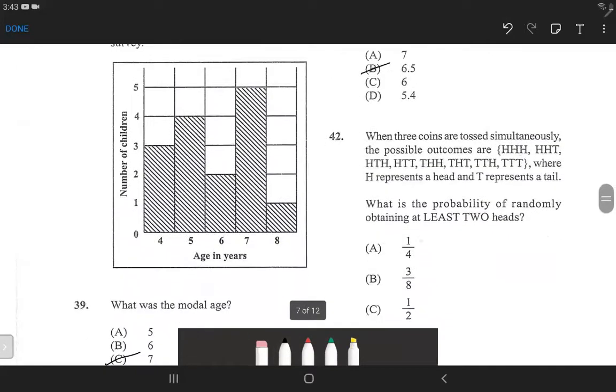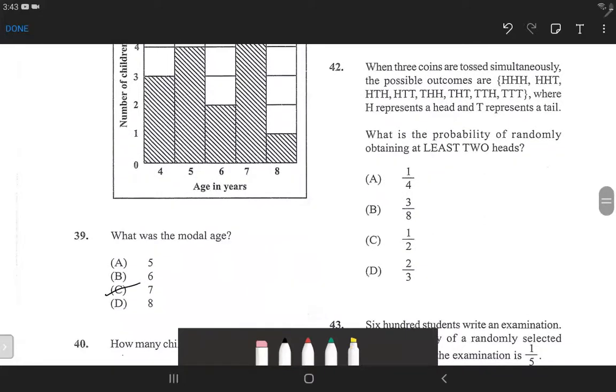Right? When 3 coins are tossed simultaneously, the possible outcomes are heads, heads, heads; heads, heads, tails; and so on, where H represents the head and T represents the tail. What is the probability of randomly obtaining at least 2 heads? Well, which ones have at least 2 heads?